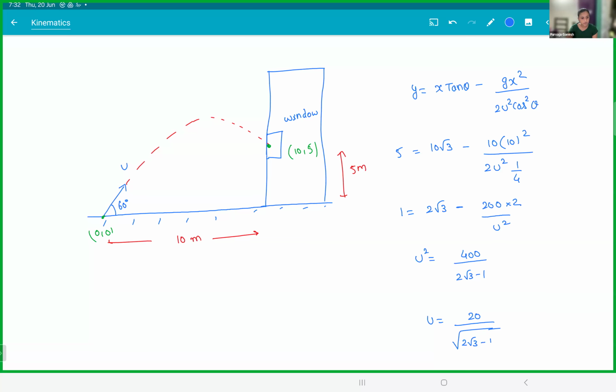Speed is the easy part, right? Get the rest. Time of flight. Alpha is the one I'm more interested in. Root 3 plus root 35.